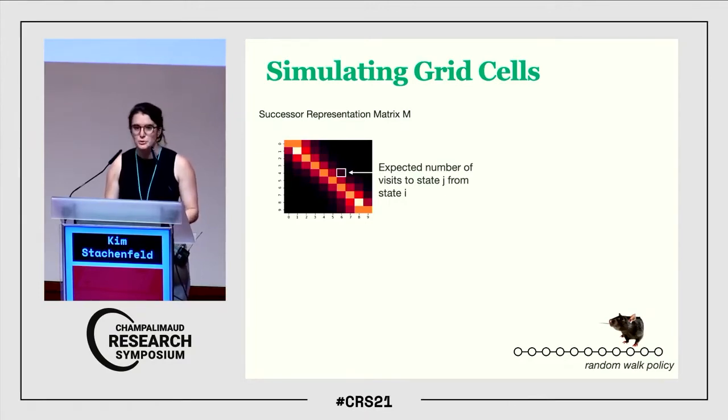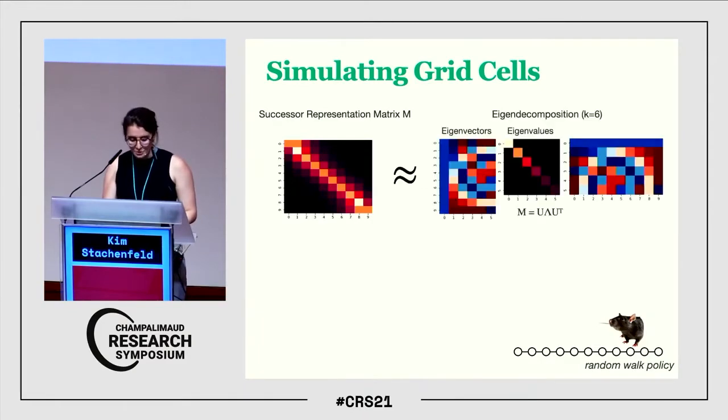So we basically are going to assume that our agent is taking a random walk, and so it predicts that it's going to visit states to the left and right of it for any location. Every entry in this matrix contains some expectation about the future. The rows are starting states and the columns are visited states. So this entry would say the expected number of visits to the column state given some row state that you're starting with.